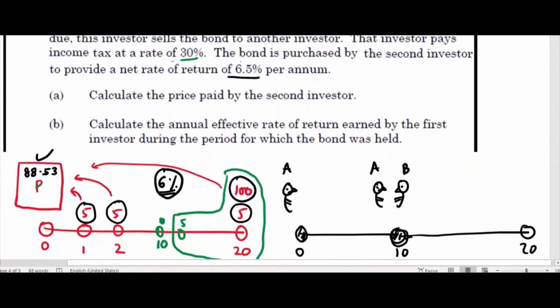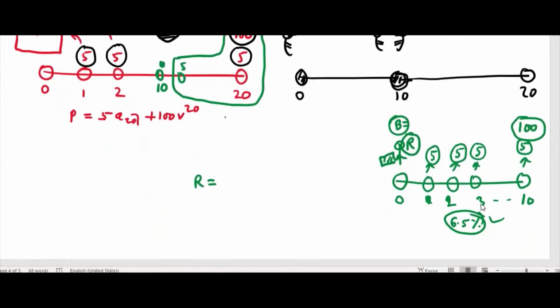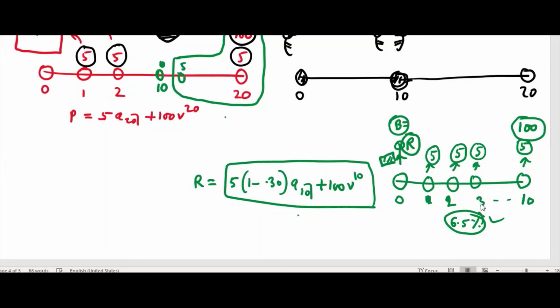So he can calculate his purchase price. That will be the selling price of A. So this is the purchase price of B, that is R I have taken. That should be 5 into (1 minus 30% income tax) for 10 years plus 100 v^10. So B will calculate this at 6.5%.